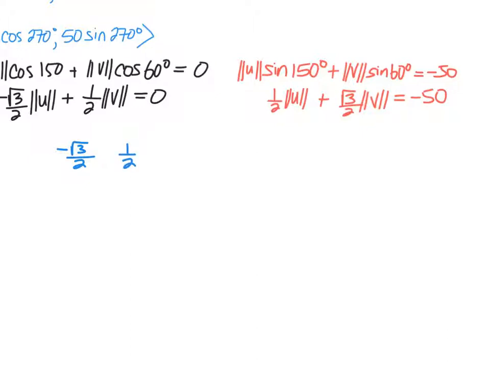We also have 1 half and a positive radical 3 over 2. Those are the coefficients. They're equal to 0 and negative 50 respectively. We could do it another way, but we're going to let the calculator do all the work.